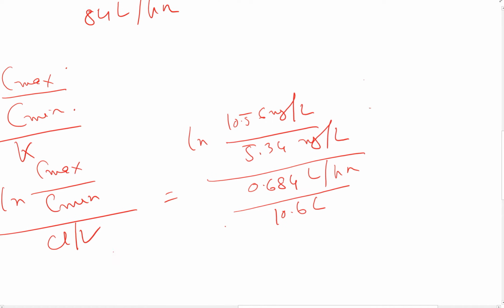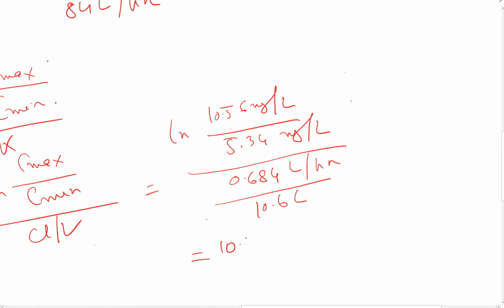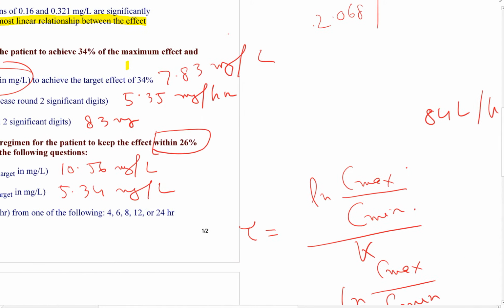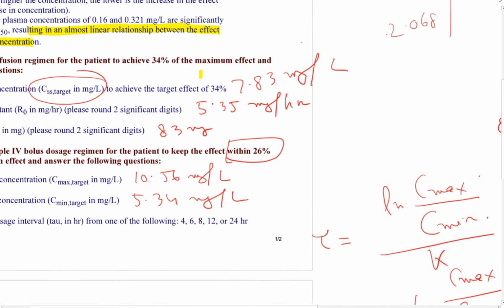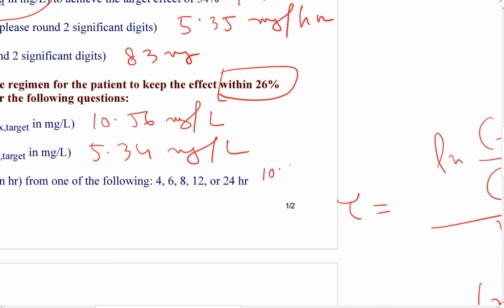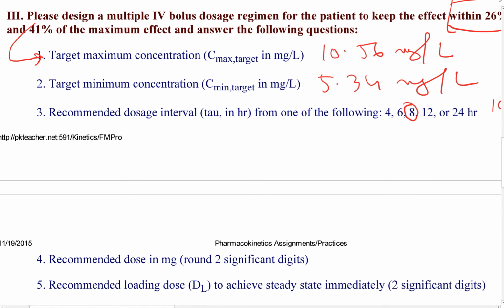This will give you 7 hours. But the question is asking you to choose. Our answer is 10.57. But you have to choose one. Always you have to go backwards. So this is our answer, 8. Okay. So we have now our recommended dosing interval.